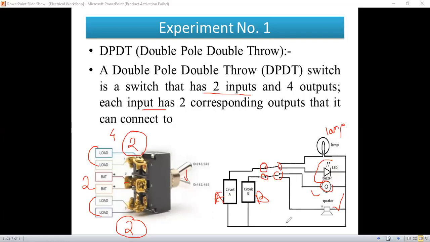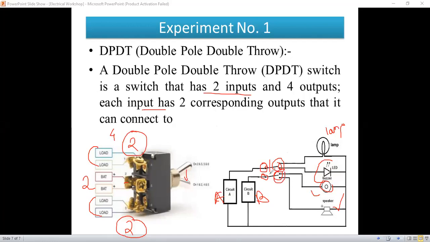That means 2 input terminals and 4 output terminals, these types of switch have. At that situation this switch can be connected. When we throw once, at that situation 2 loads are connected. Then similarly when we throw once, these 2 loads are connected.